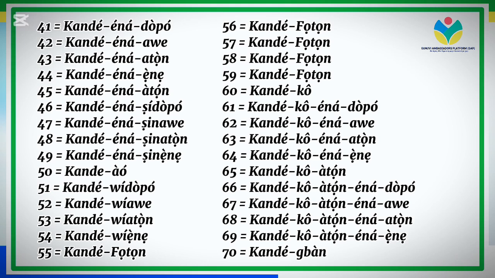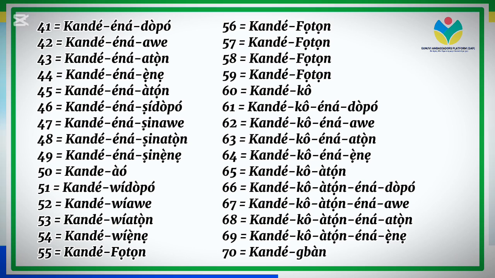Then you have Kande Ina Ao, or you simply say without the connector, Kande Ao. So from here onward, we don't need the connector. Kande Ao, Kande Vidopo, Kande Viawe, Kande Viaton, Kande Viene, Kande. So you just say the 40 and then you go back and pick from 1 to 39.